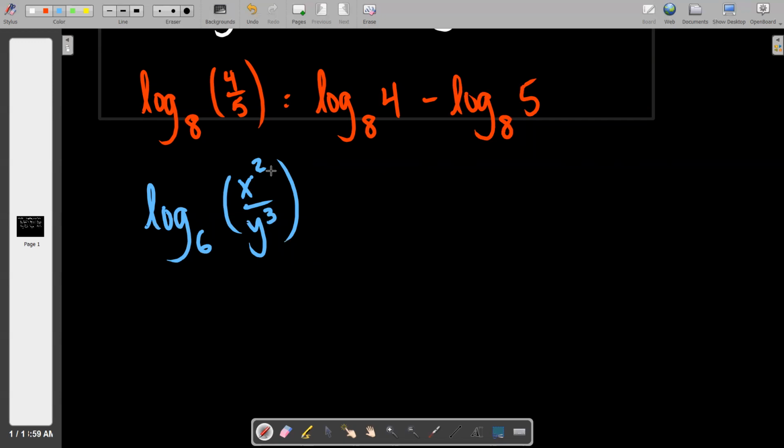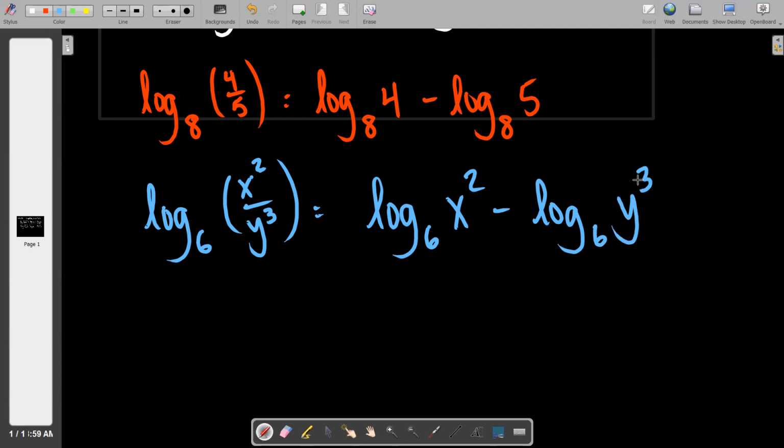So what would it be first off? Beautiful. If you're a super log expert, you might have already wondered, why are we doing that? There is more to come after this, and yes, we will do more. Eventually you get to the point where you just see it and do it all at once. So this is log base 6 of x squared minus log base 6 of y cubed.